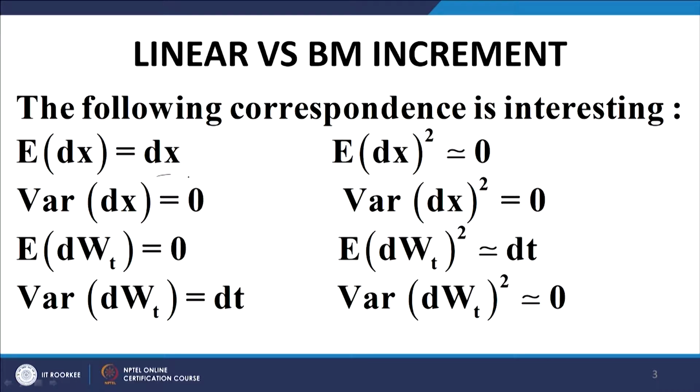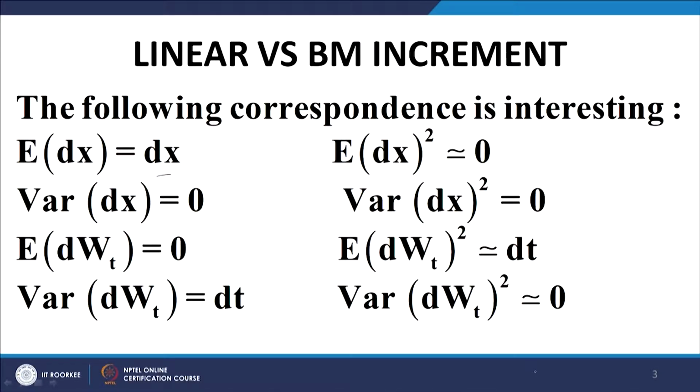However, we look at the scenario now in the case of Brownian motion, the infinitesimal increments of Brownian motion. The mean of the Brownian motion increment is 0. The expectation value of the square of the Brownian motion increment is not 0.